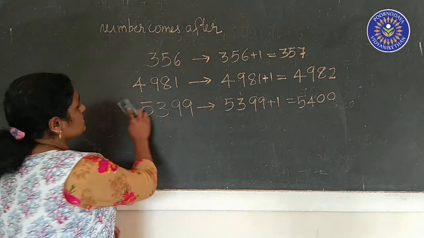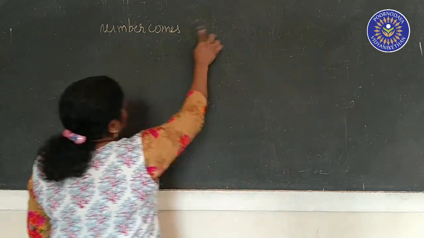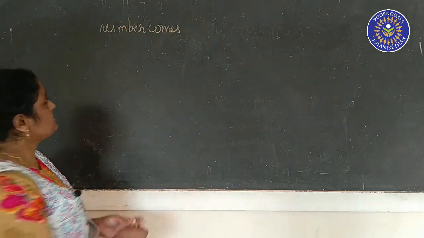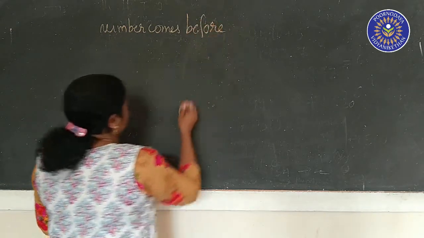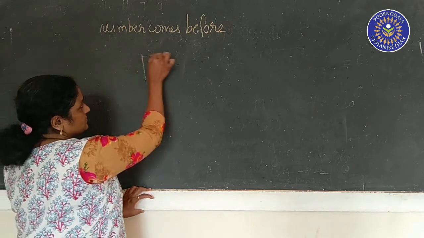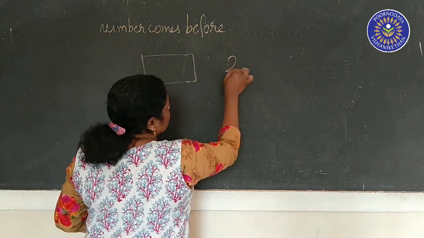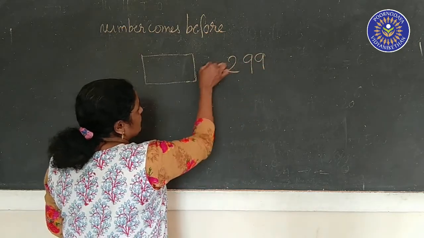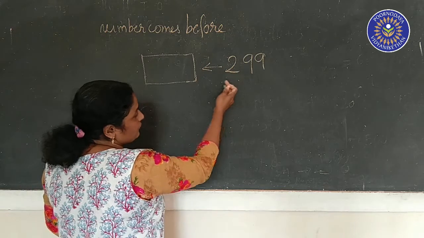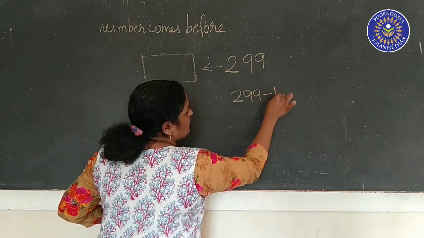Let us see the number that comes before a number. Number comes before 299. How will we get the number? 299 minus 1.